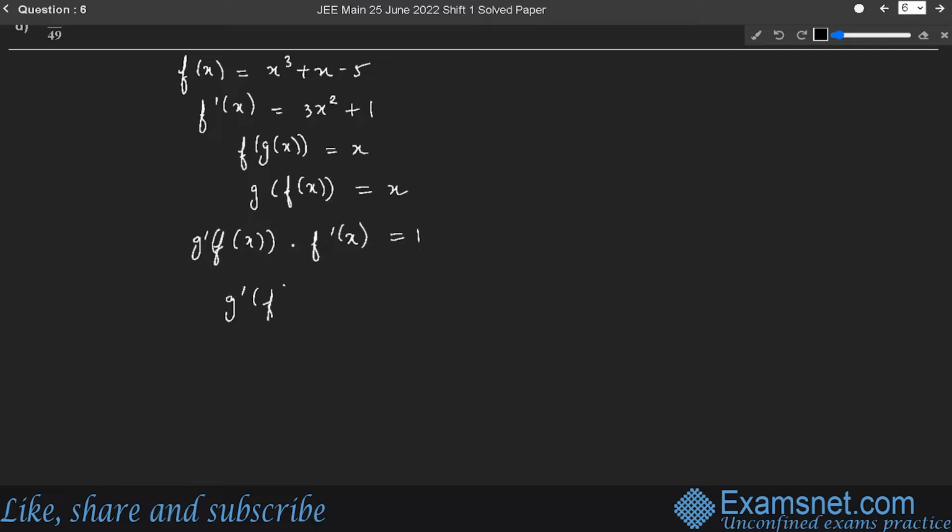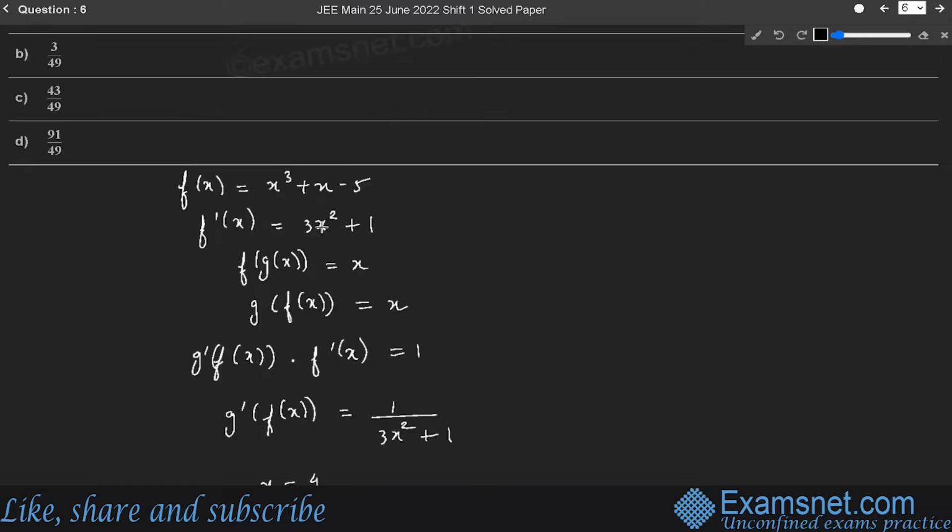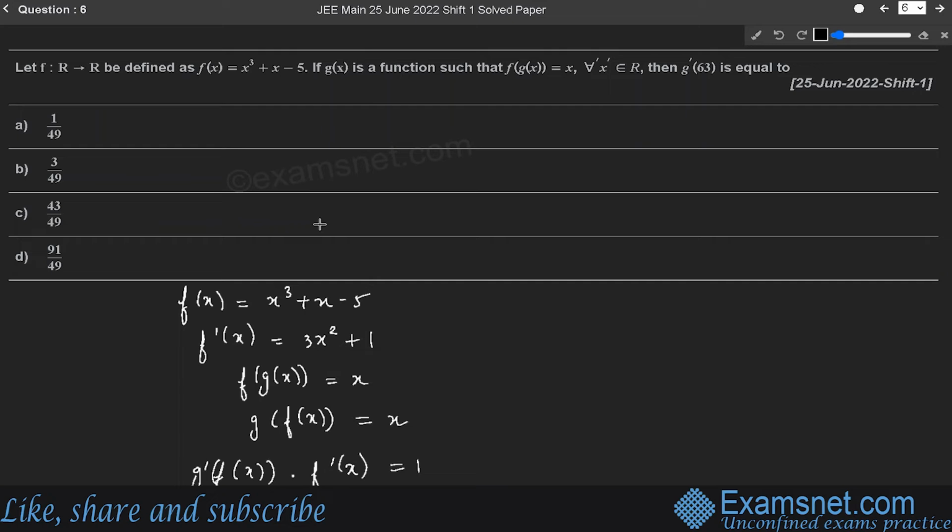So g dash of f of x will be equal to 1 upon 3x square plus 1. On putting x is equal to 4, g dash of 63 will be equal to 1 upon 49. Hence, we can say that the correct answer for this question is option number A, which is 1 upon 49.